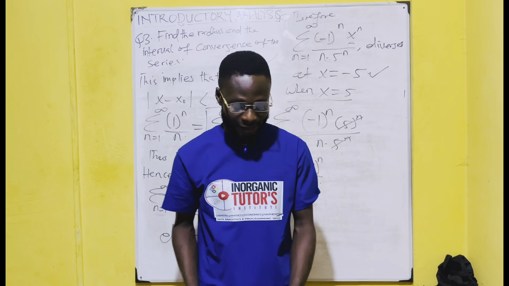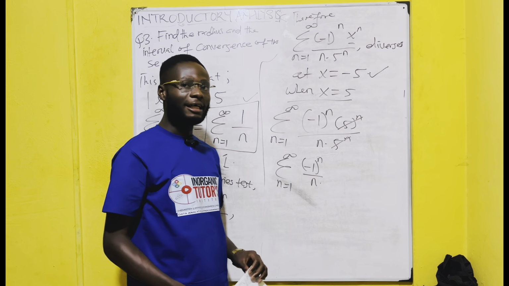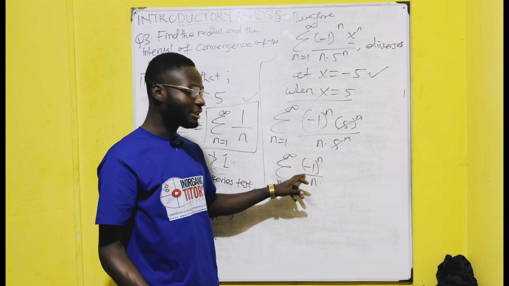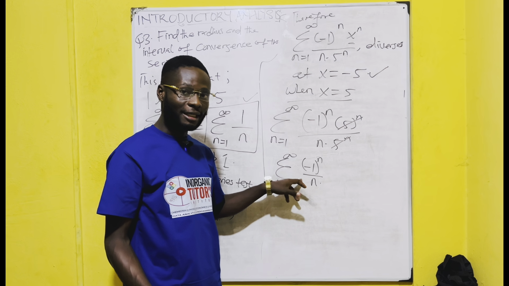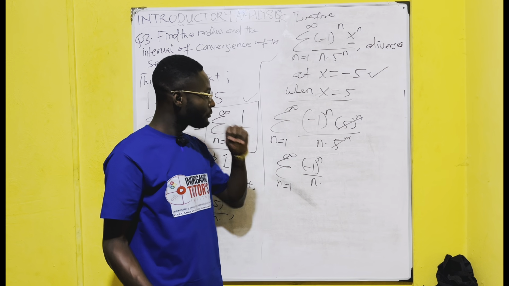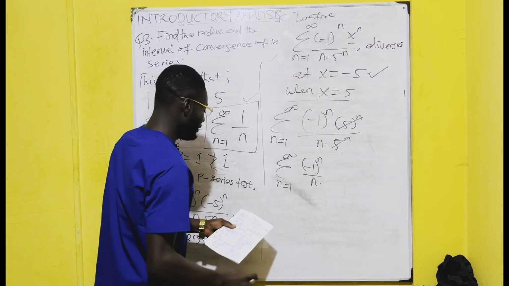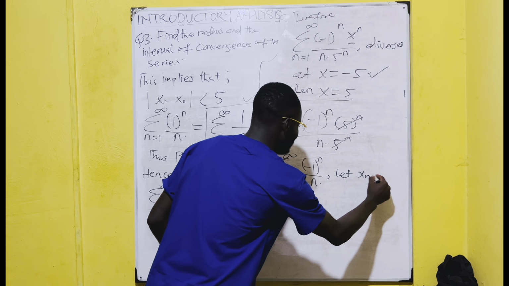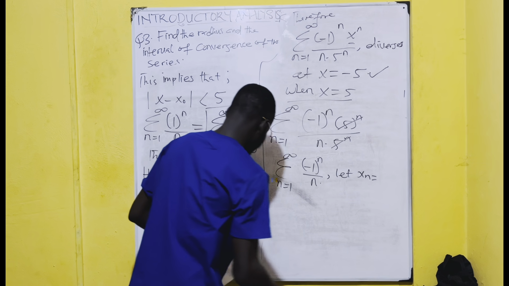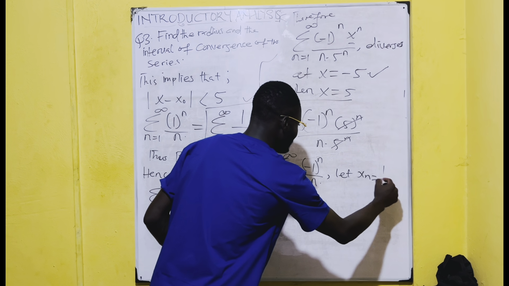Now we know that this right here, there is no way this will give us a positive value, right? So we can say that let Sn equal 1 over n.